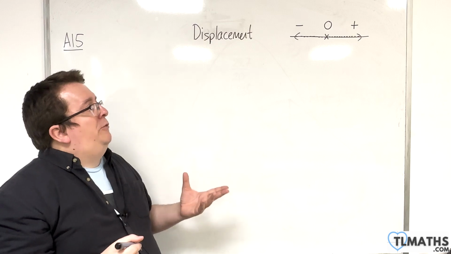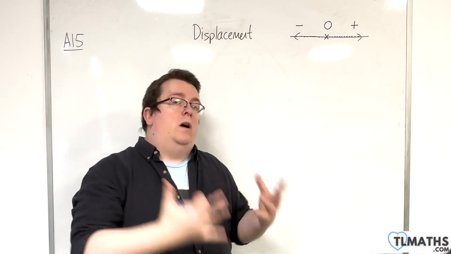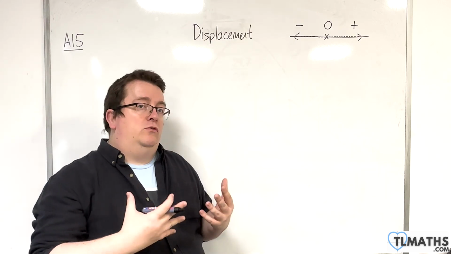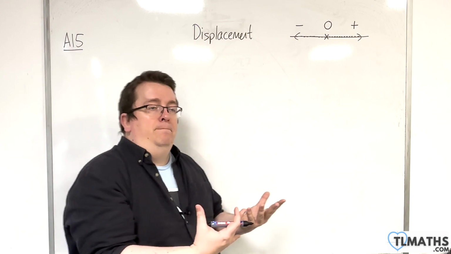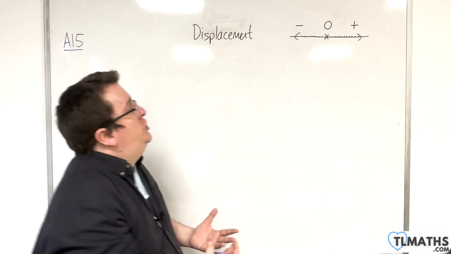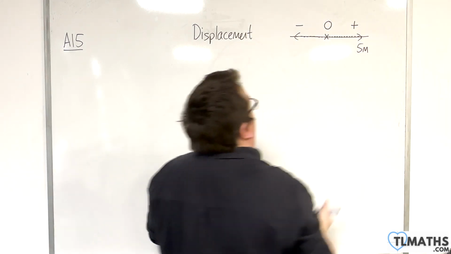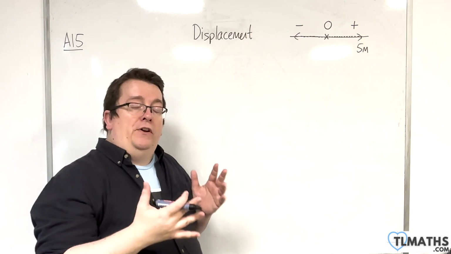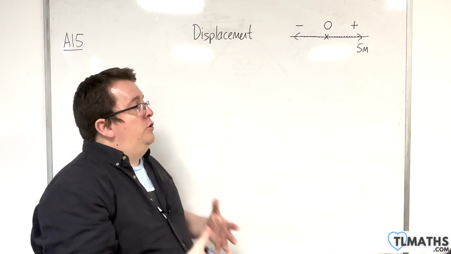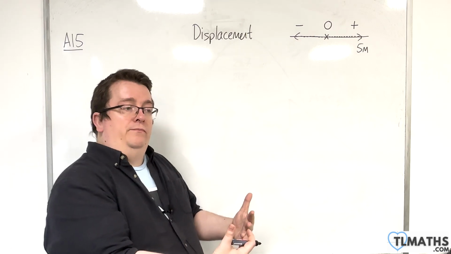So displacement tells you where you are in relation to where you've come from. If you start at the origin and you are now at a position of 5 meters, you have travelled positive 5 meters. Your displacement is positive 5 meters.